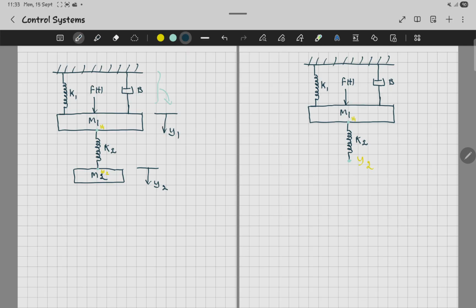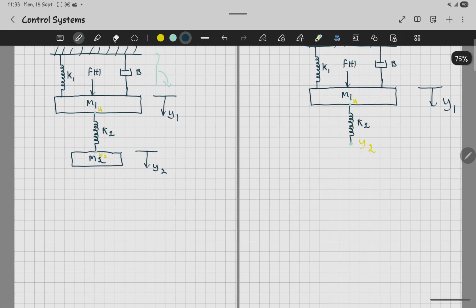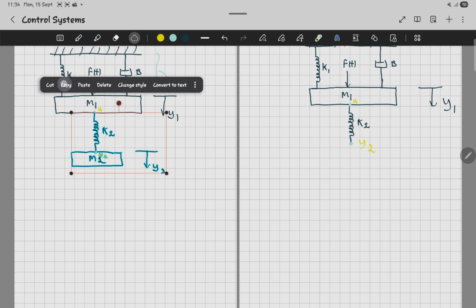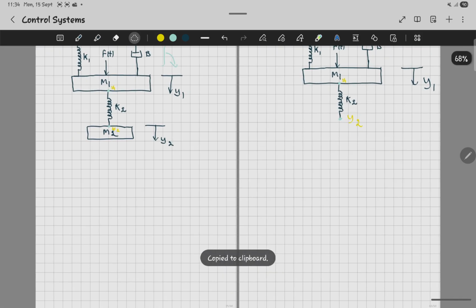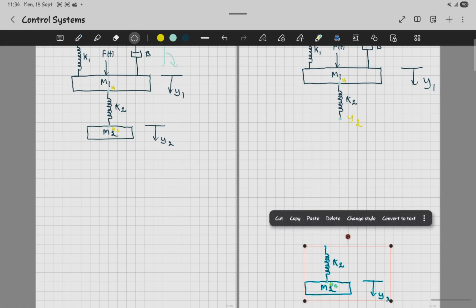Okay, and y1 was somewhere there. And for the second equation, we're going to take this block. Okay, so I'm gonna paste it here.